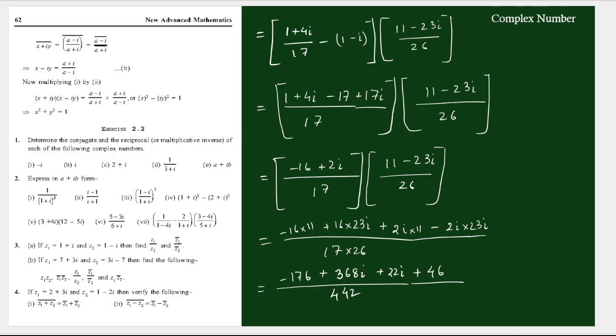Then now what do we have? The 176 and 46, how much will you get?